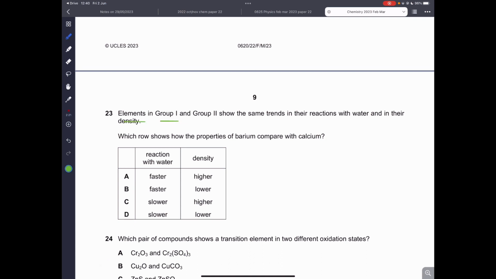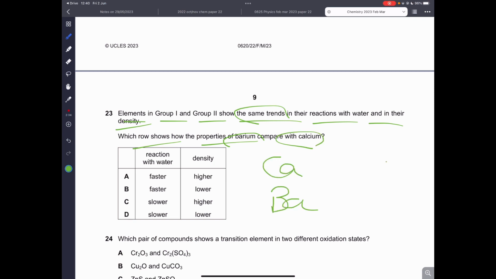Question 23. Elements in group 1 and group 2 show the same trends in their reaction with water and their density. Which row shows the properties of barium compared with calcium? Well, calcium is above barium. Remember, group 1 and group 2 are similar. Although we did not learn about the properties of group 2, they did provide us the clue with group 1.